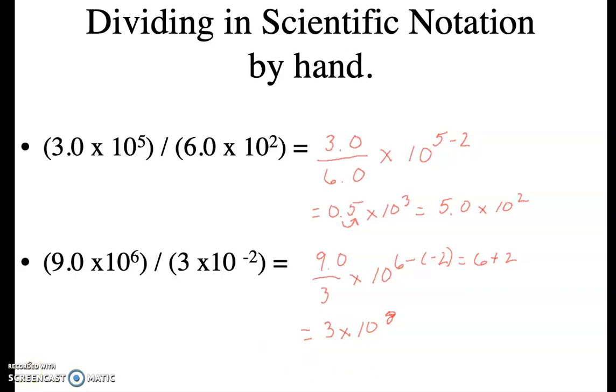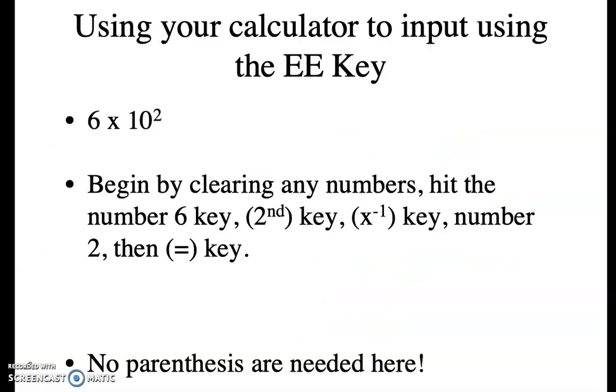All right. Now let's look at how to plug it into a calculator, using the EE key. So here's our example. What you're going to do is begin by clearing any numbers in your calculator. Hit the number 6 key. Then immediately after, hit second key.